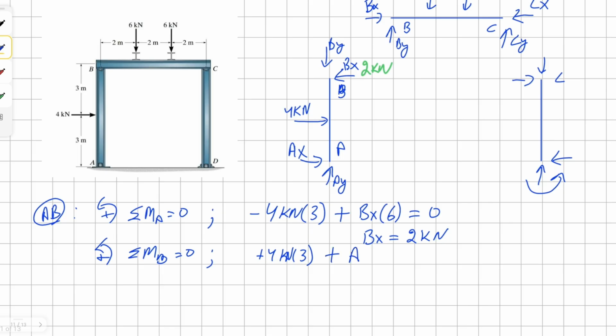Ax is working counterclockwise as well, and it's 6 meters away. Solving for Ax, we get negative 2 kilonewton. Now, we can either have it as negative 2 kilonewton, or we could change the direction of the vector and have it as positive 2 kilonewton.